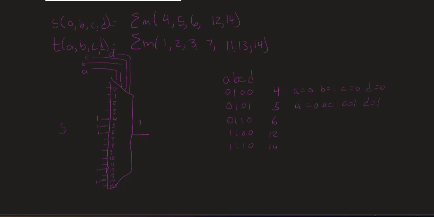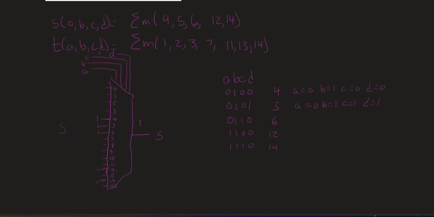And if I wanted function T, I'd put a 1 onto all of those. And then this output, so if this was function S, this would be my output, S. A, B, C, D would be my selects, and I would have 1 for each of these and 0 for the others. If I wanted T, I'd put a 1 on each of those. Okay, so that's part 1. That's how you do a multiplexer.